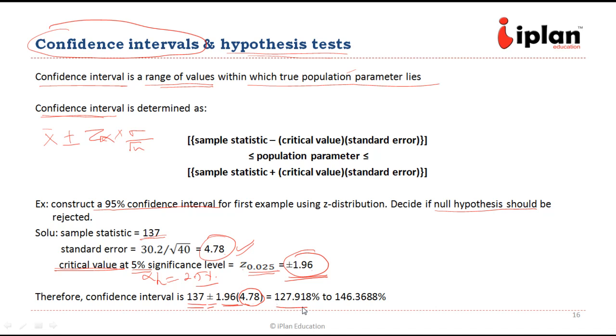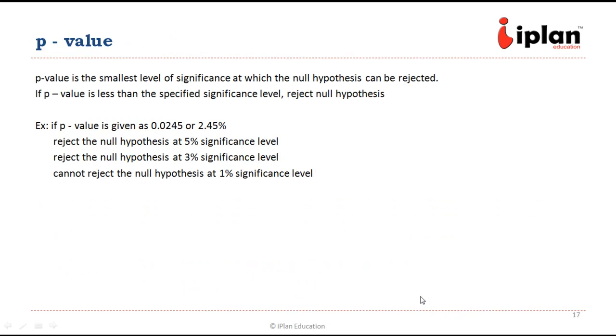So we get the range 127.9 to 146.37. So the population parameter is going to be between this range. This is the range of the confidence interval with 95% confidence, since we know that the significance level is 5%. We can say it in either way. Now let us move to the next slide.